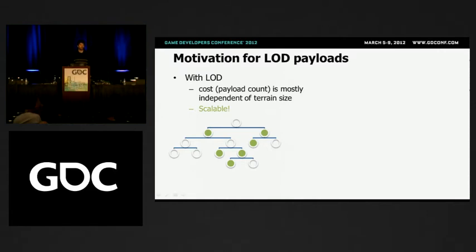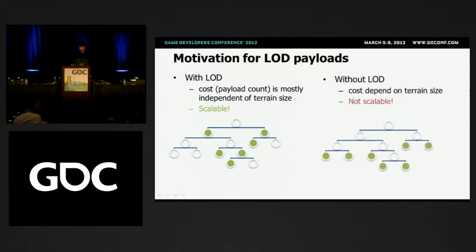The Frostbite engine would easily scale up to the entire Earth without running into problems. If we didn't have the LOD payloads, we would be forced to put all the data at the leaf level, and that does not scale. If you make the terrain twice as big, you will have twice as many data items to deal with and twice as much overhead.